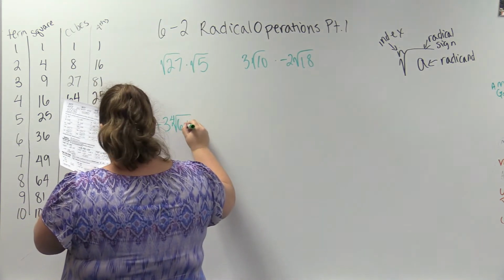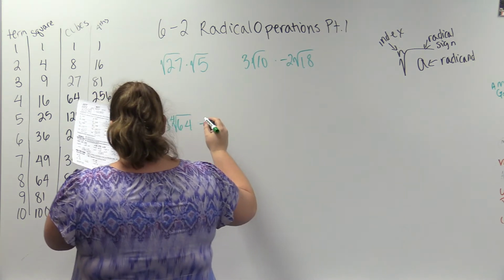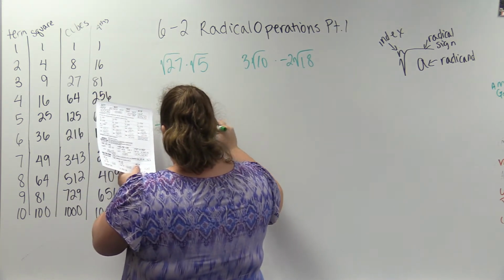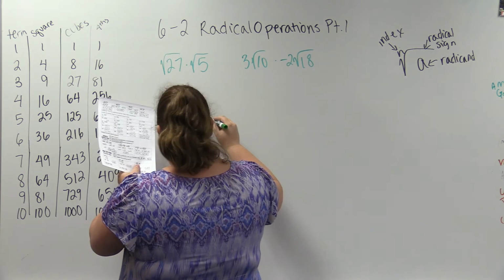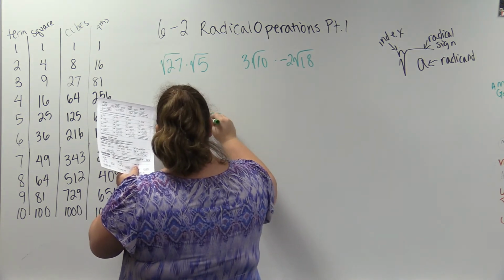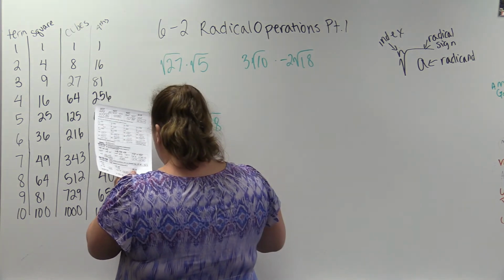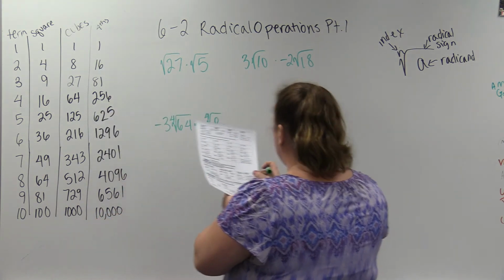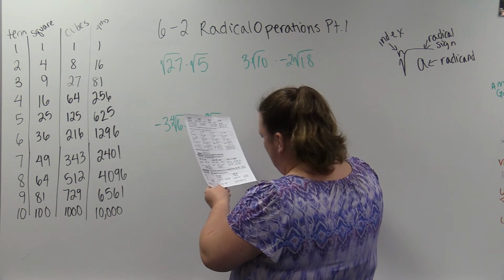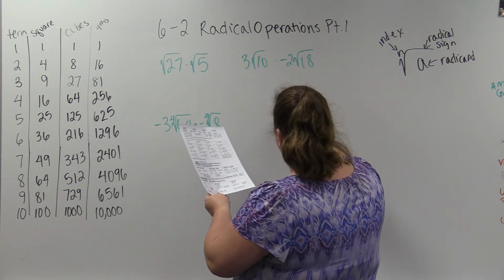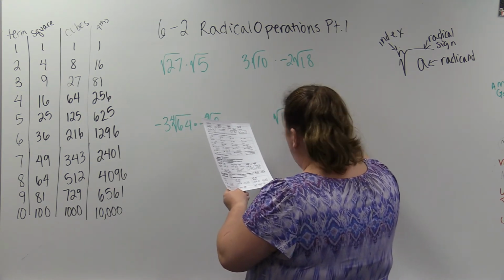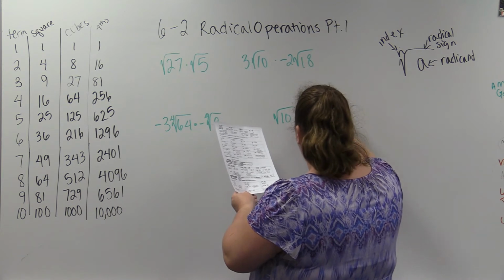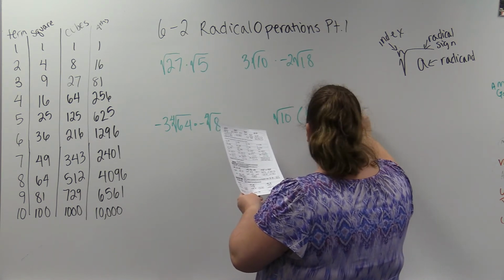Fourth roots of 64 minus times negative fourth roots of 8, and then I have the square root of 10 times 5 square roots of 5 minus 2 square roots of 2.